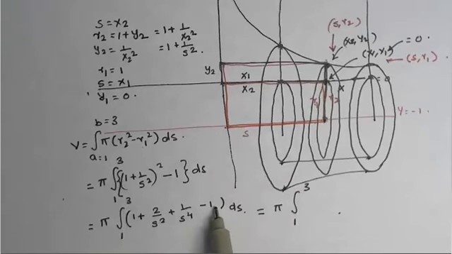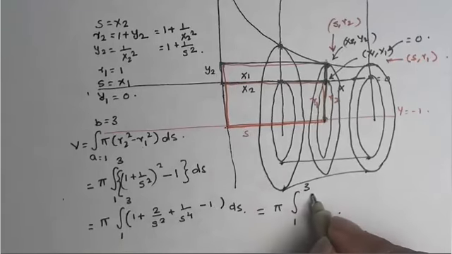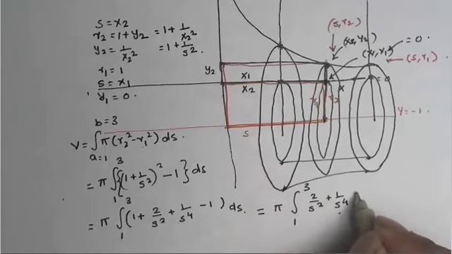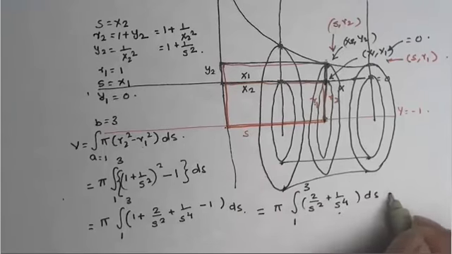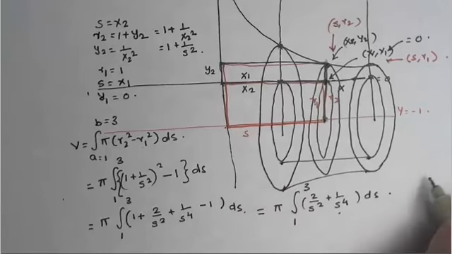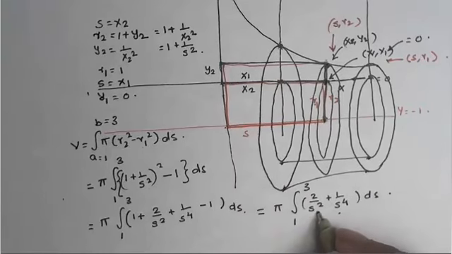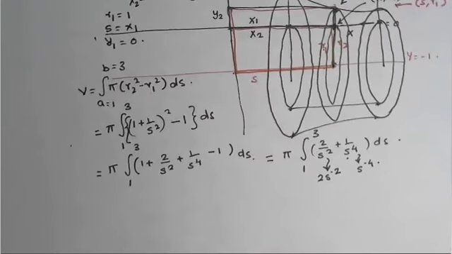The plus 1 cancels with minus 1, leaving 2 over s squared plus 1 over s to the 4 ds. And remember that 2 over s squared is the same as 2 times s to the minus 2. 1 over s to the 4 is the same as s to the minus 4.